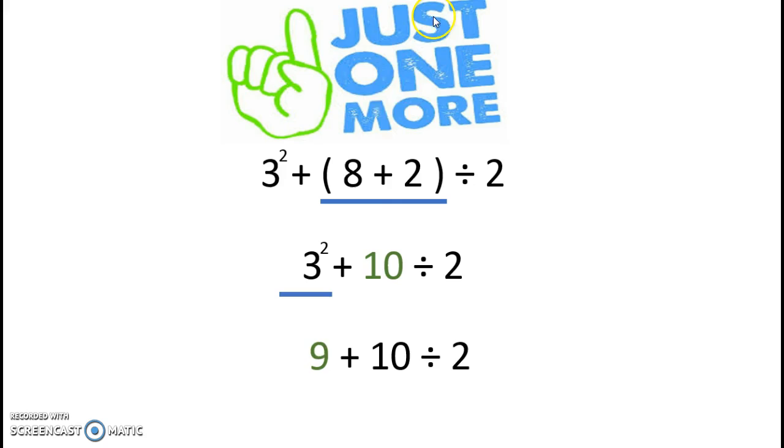Okay, so now we have addition and division. Please excuse my dear. Multiply, divide. So we have to do division next. So instead of writing 10 divided by 2, we're going to substitute in a 5, because 10 divided by 2 is 5. So 9 plus 5 equals 14, and we're finished.